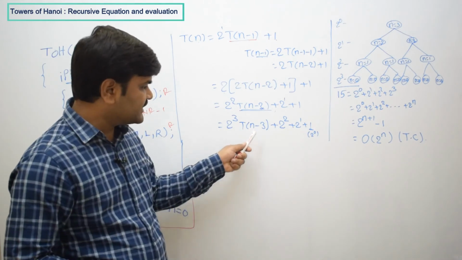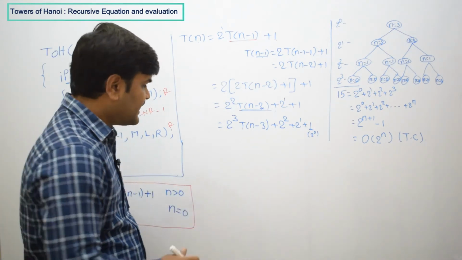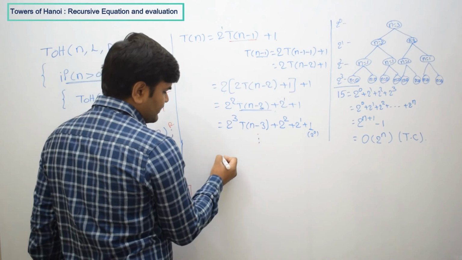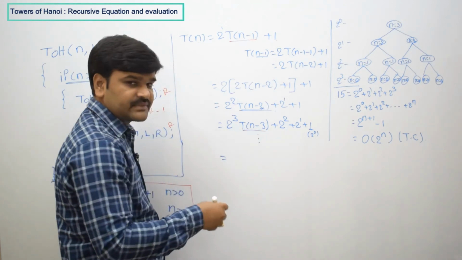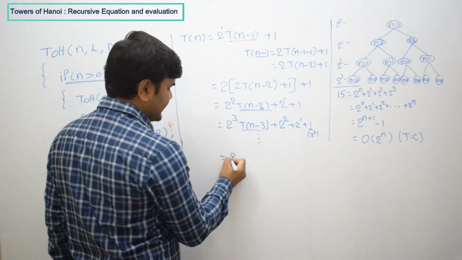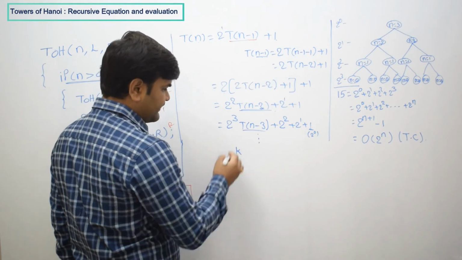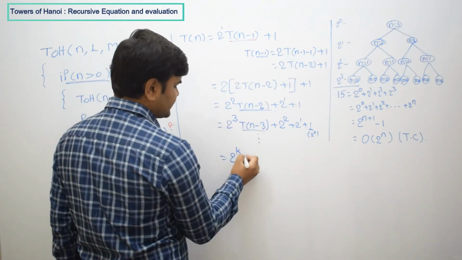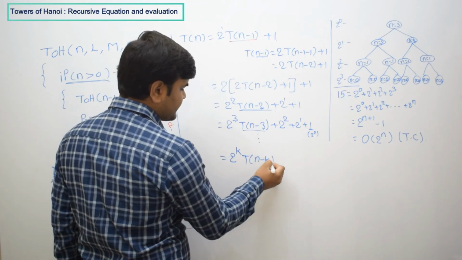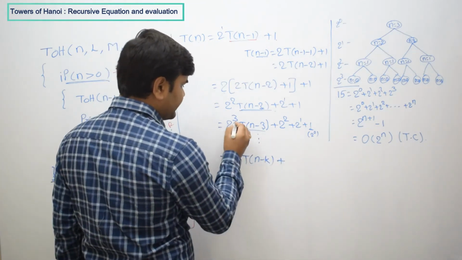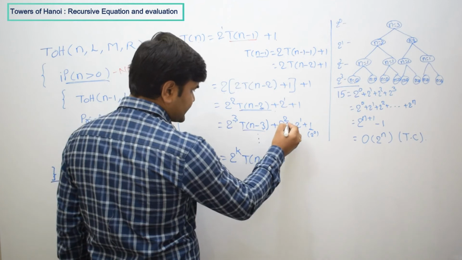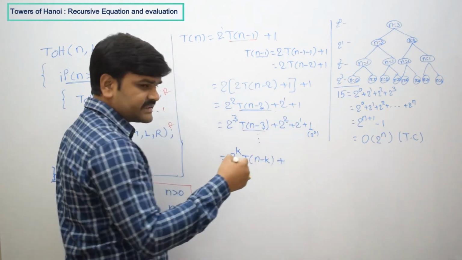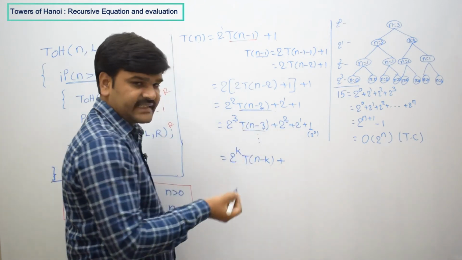Now if you continue this equation, after a few substitutions, let us take it like this: 2 power k, whenever it is 3, here 3, T of n minus k, plus whenever it is 3, the maximum term in the power is 2, 1 less than 3 here actually.